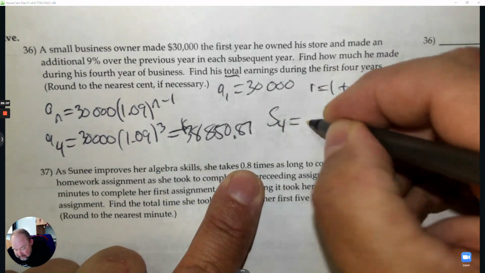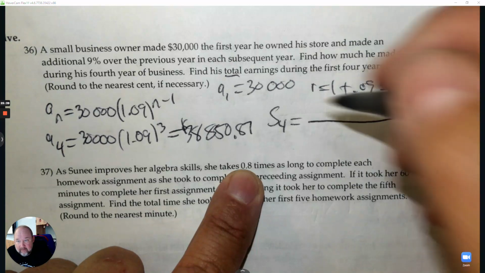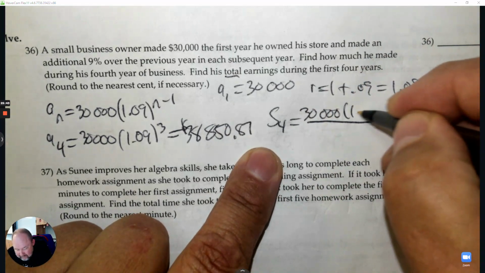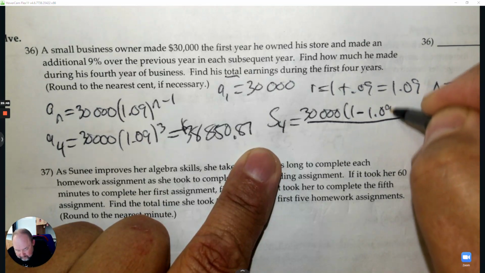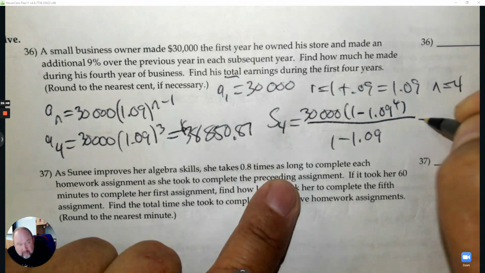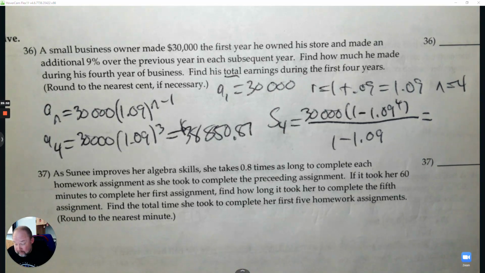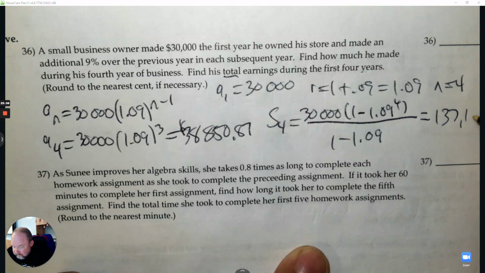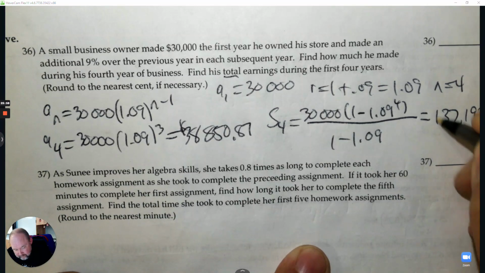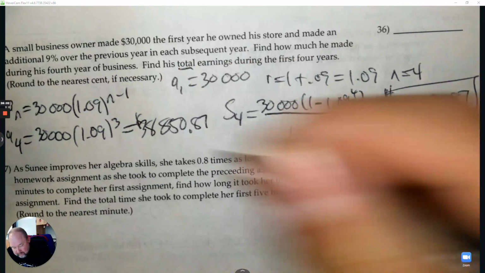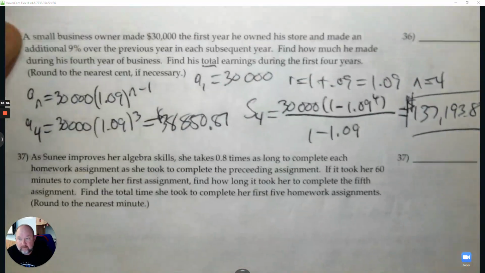So if I want to add up all the first 4 years, the formula is A1 times 1 minus R to the exponent 4 over 1 minus R. And then type that in. Again, you should press pause and try it first. And there's the total earnings.